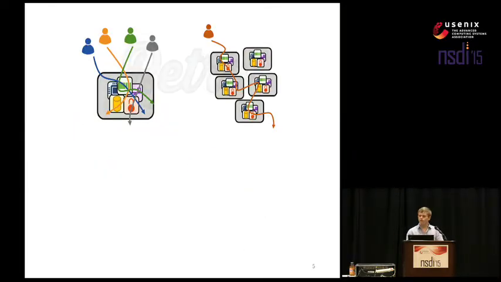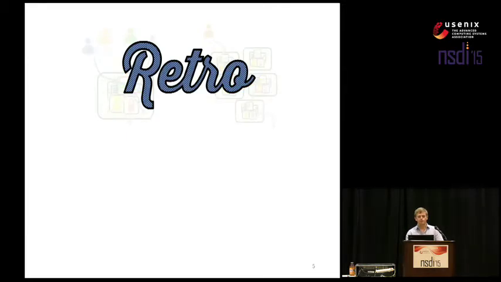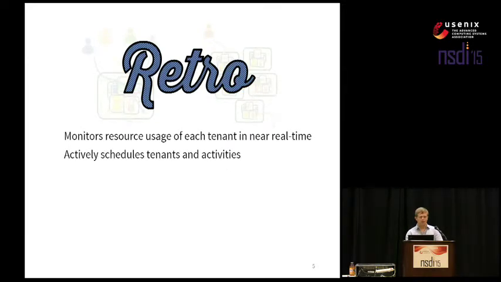Retro is a comprehensive framework that performs active resource management in multi-tenant distributed systems. Retro monitors resources in the distributed system in near real time, and it actively throttles the tenants and activities in the system to achieve some high-level resource management goal.